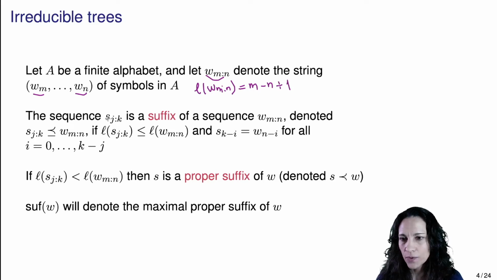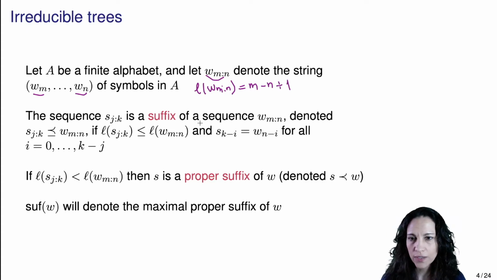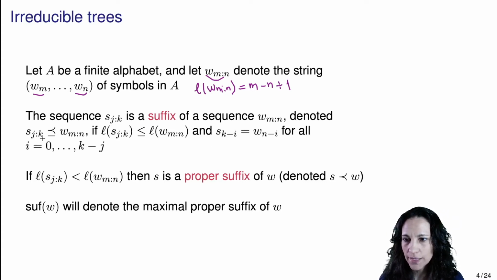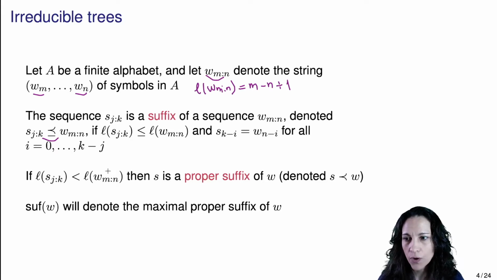So we say the sequence S indexed by the integers from j to k is a suffix of a sequence W_m^n, and we denote this by this symbol here, if the length of the sequence S is smaller or equal to the length of W and the last symbols on both sequences agree.